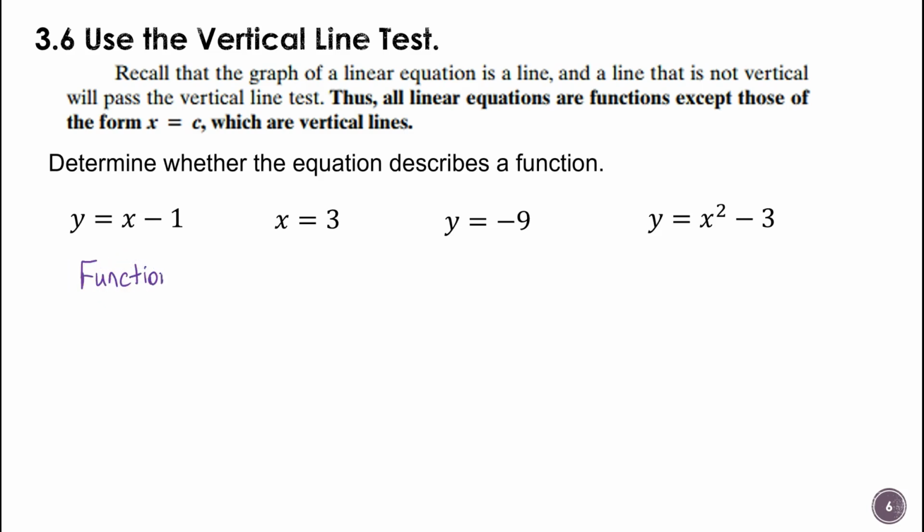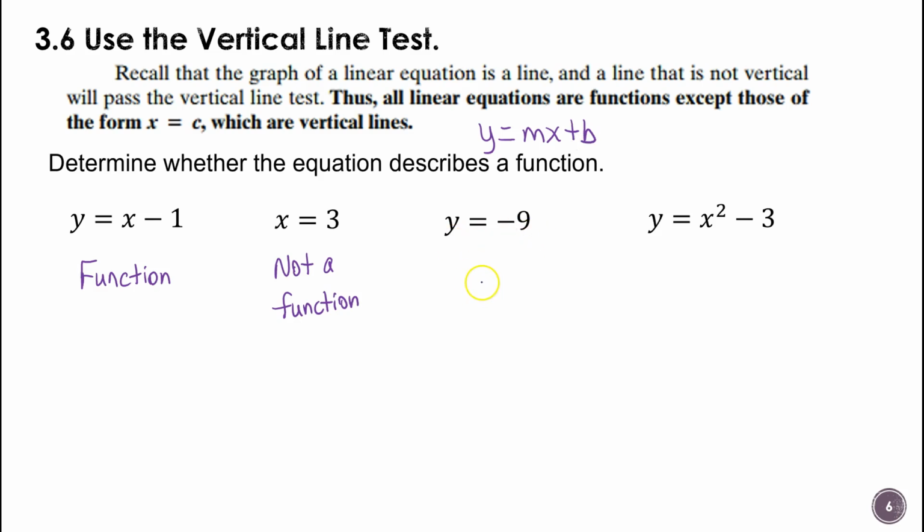It would pass the vertical line test. x equals 3 is not a function because it is a vertical line. So basically, if the equation can be written in the form y equals mx plus b, it's a function, because x equals a number is not written in that form.